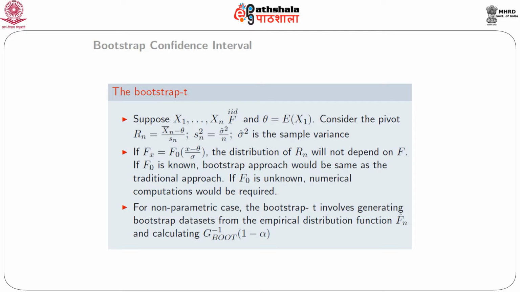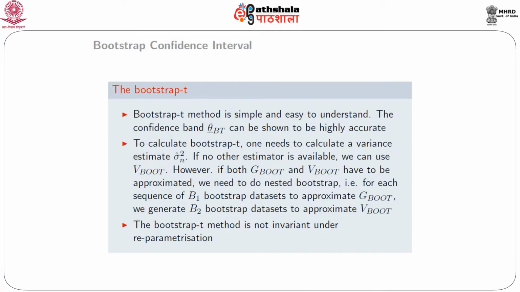So, for the non-parametric case, the bootstrap t would involve generating bootstrap datasets from the empirical distribution Fn hat and calculating G boot inverse of 1 minus alpha, instead of the true one. The advantage of the bootstrap t method is that it is simple and easy to understand.